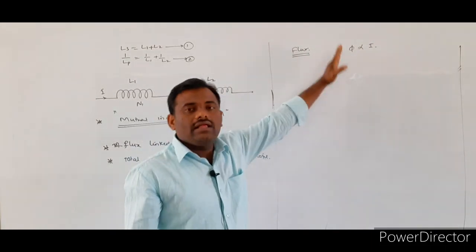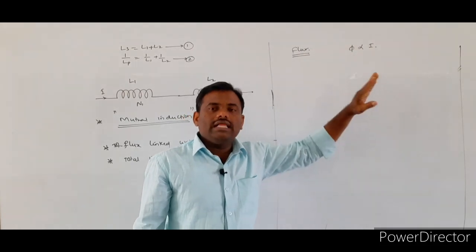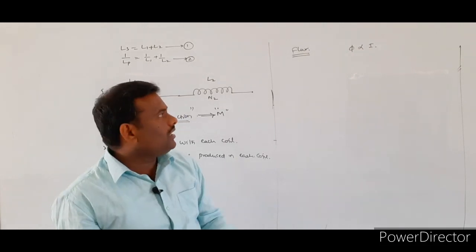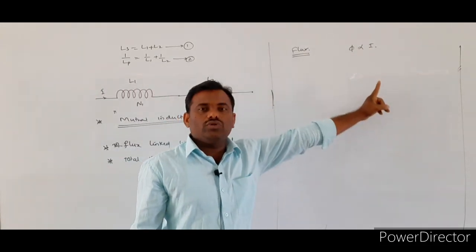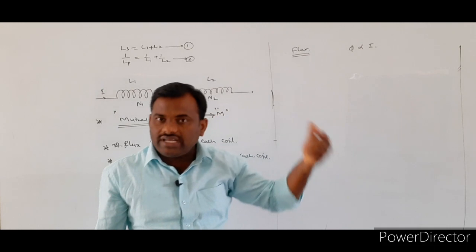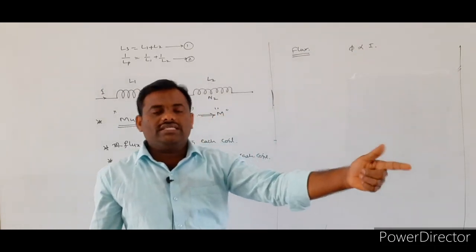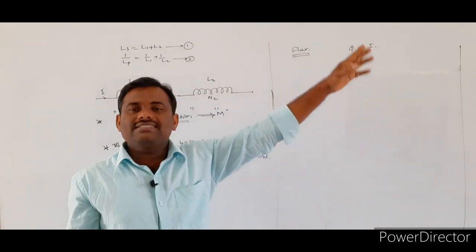Whatever flux is produced, either due to the self-induction phenomenon or the mutual induction phenomenon, is directly proportional to I. If it is self-induction, the flux is produced in the same coil. If it is mutual induction, the flux will be produced in the second coil.